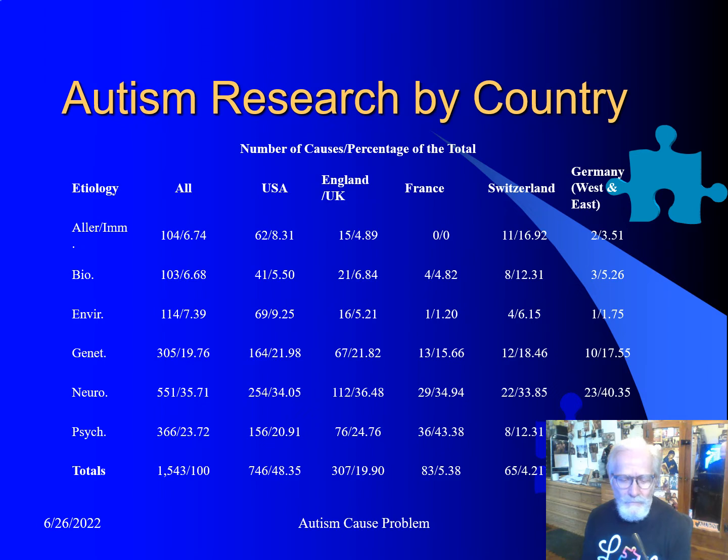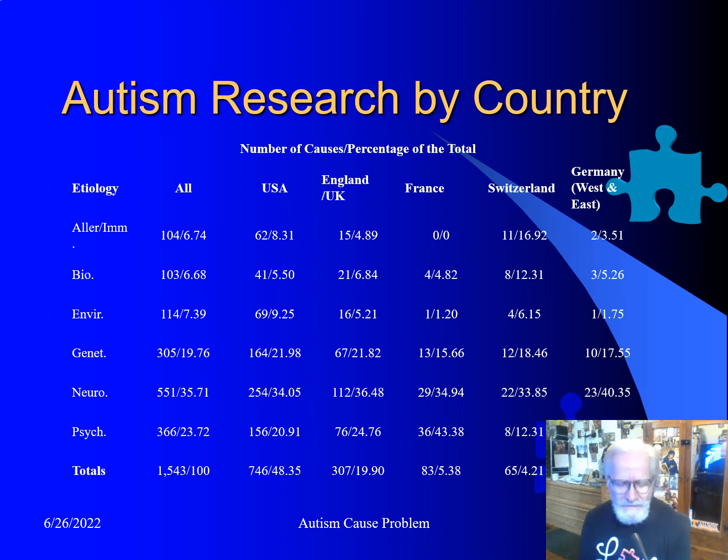Or to put that another way, the percentages in the columns across all 6 etiologies come out to about 100% for each country. But the totals row gives how many causes altogether each of these countries had, and what that percentage is for the top 5 countries in the total that comes out to the 1,543 causes that I found.